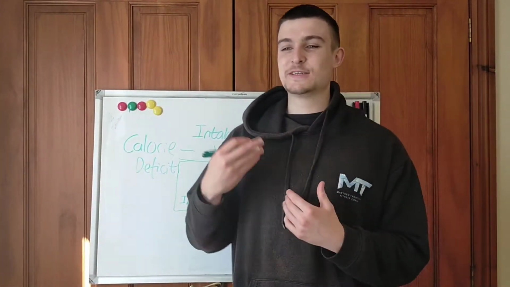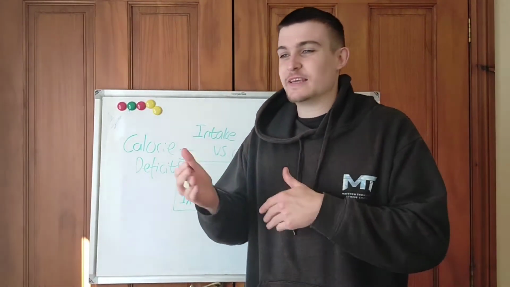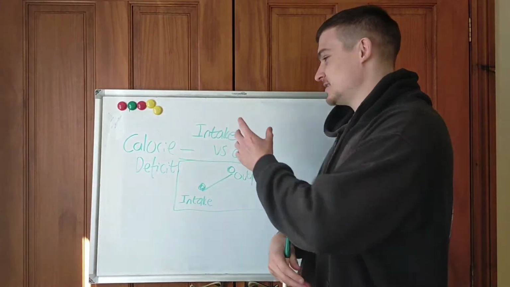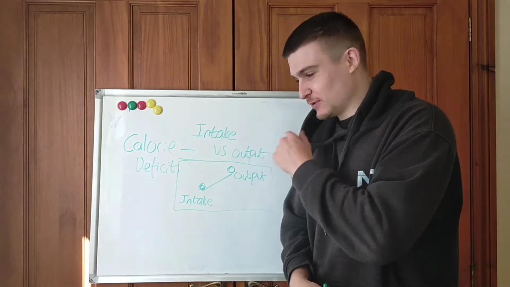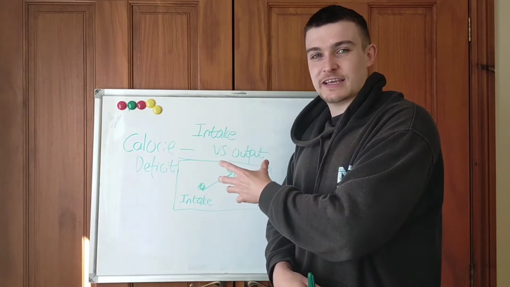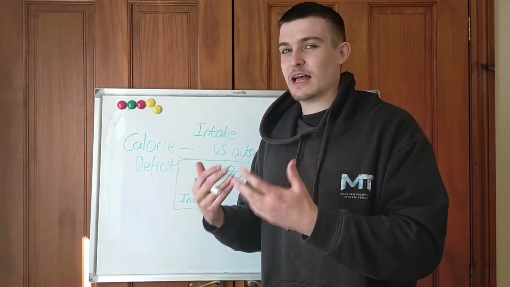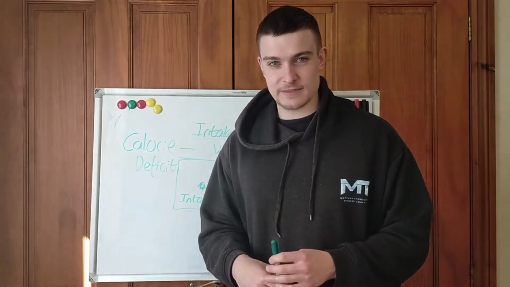Now, this is where you'll get a lot of BS. You get a lot of people telling you need to do this and that to create this calorie deficit. People like to confuse this part of creating a calorie deficit to try and make seeing visible abs complicated.